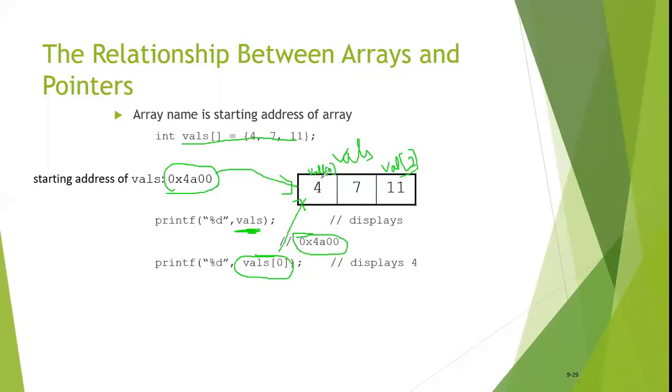Am I clear now? We are not using pointers here. We are just printing the value of the array and the address of array, how we can normally print them. So writing simple vals will give me the starting address, and vals[0], that is the index, will give you the value of that particular element.